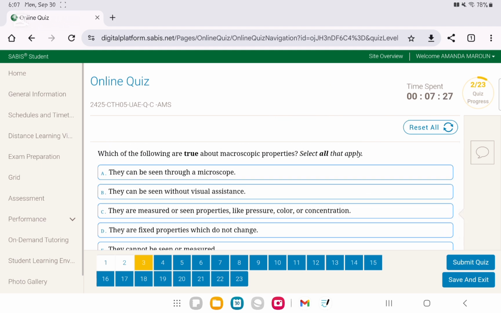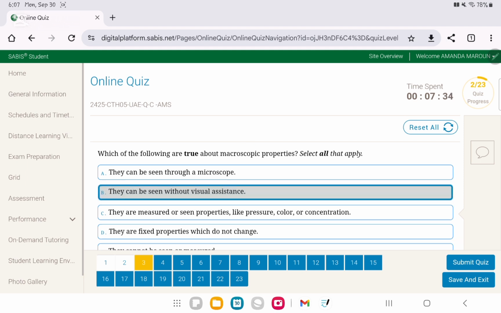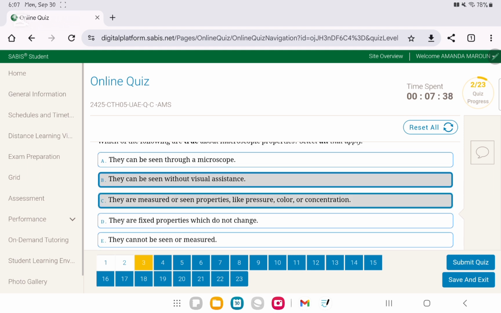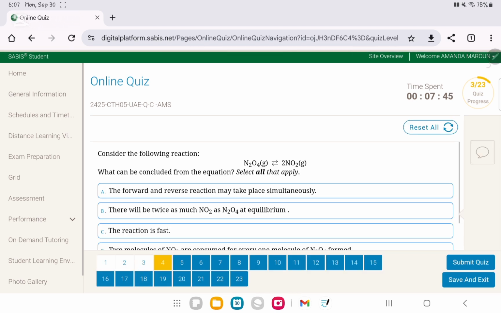Based on what we said, which of the following are true about macroscopic properties? Macroscopic properties do not need visual assistance, so you don't need the microscope to see them. Then they are measured or seen properties like pressure, color, or concentration. And they change, and pretty much these are the two for macroscopic properties. Now, what can be concluded from the equation?